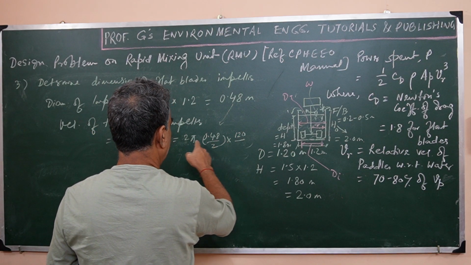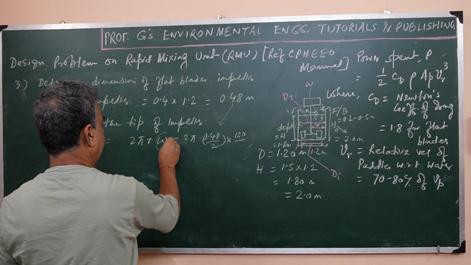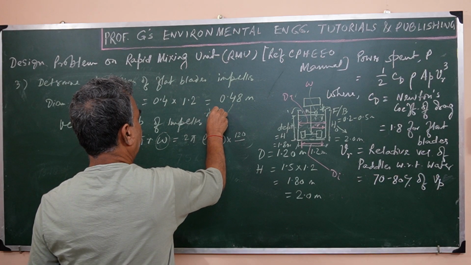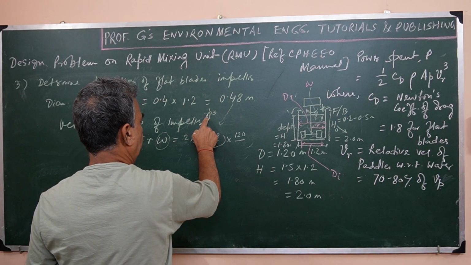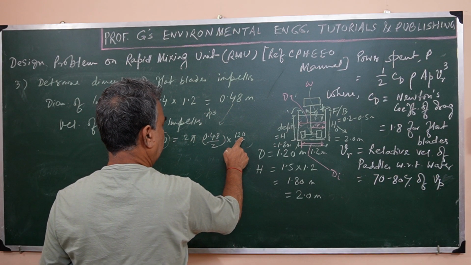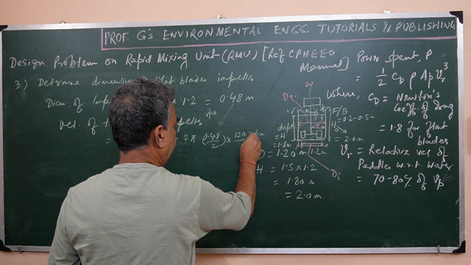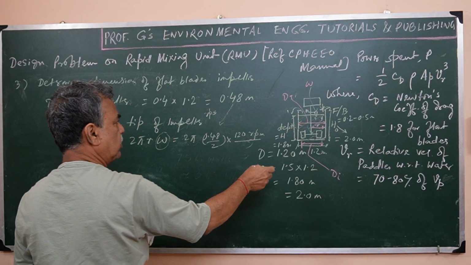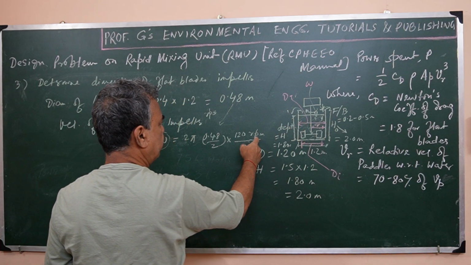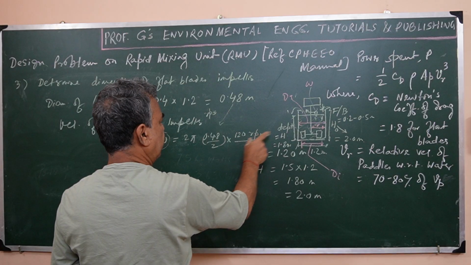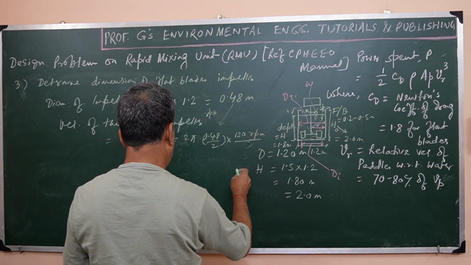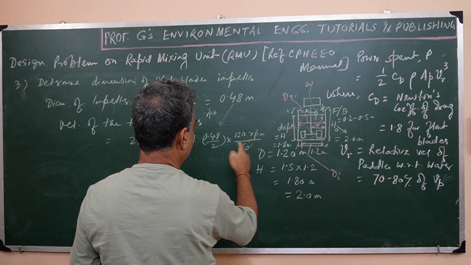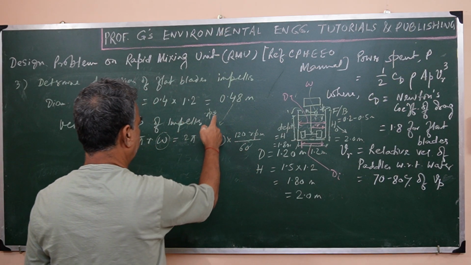And remember that this has to be expressed in rps, revolution per second, and here it is revolution per minute that is given. If you see the problem statement, it is already stated the shaft speed is 120 rpm, because this should be in any case more than 100. So divided by 60 to convert this into RPS, revolution per second.